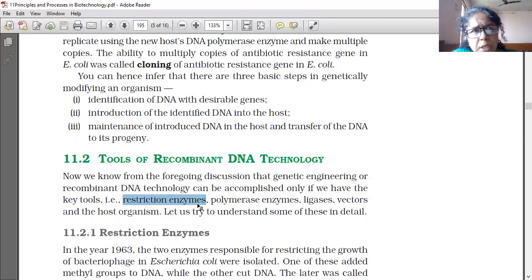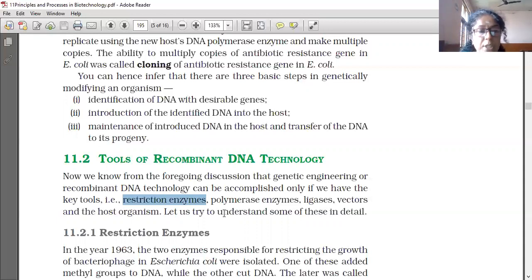At the same time, the DNA of the host organism in which we apply these fragments should also be cut, and the DNA of both the host and the donor organism should be combined. So for both cuts, restriction enzymes are used. Restriction enzyme is the main key tool in recombinant DNA technology.